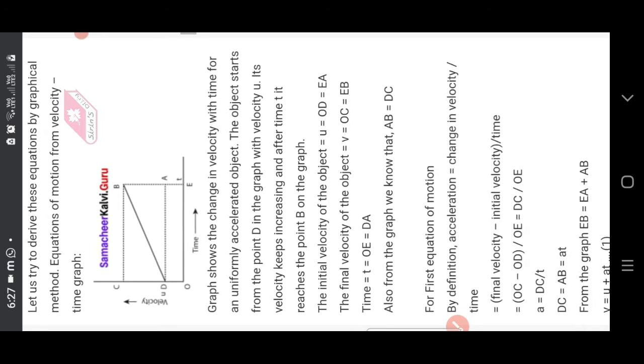For the first equation, by definition, acceleration equal to change in velocity by time, final velocity minus initial velocity by time. So you have to take the value from this initial and final velocity and note it down. OC minus OD by OE equal to DC by OE.